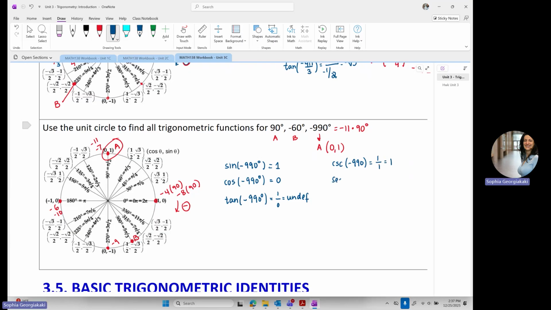The secant of -990, let's not forget the units, these are degrees, is 1 over x, which is undefined. And the cotangent of -990 will be x over y, 0 divided by 1, which is equal to 0. And this is how we use the unit circle that is provided to us in our formula packet.